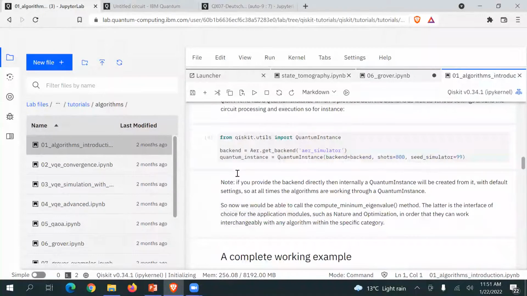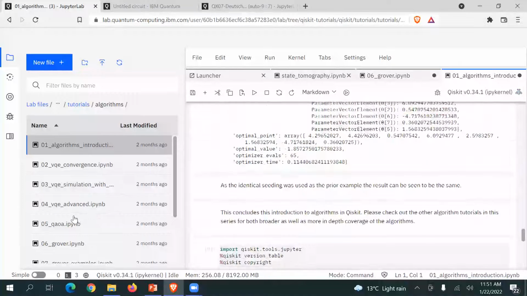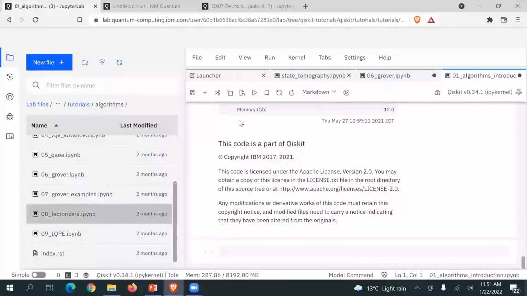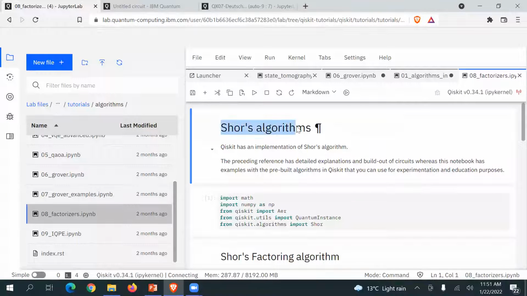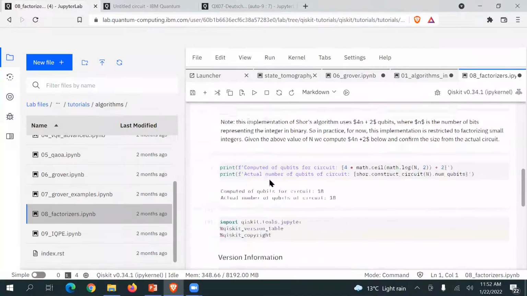VQE in quantum construction. Factorizer: the factorizer is ultimately Shor's algorithm. So this is Shor's algorithm. You can find the Shor's factorization algorithm and see it.